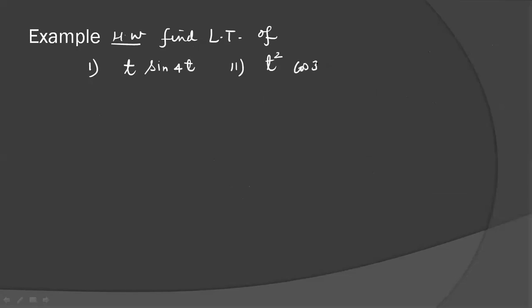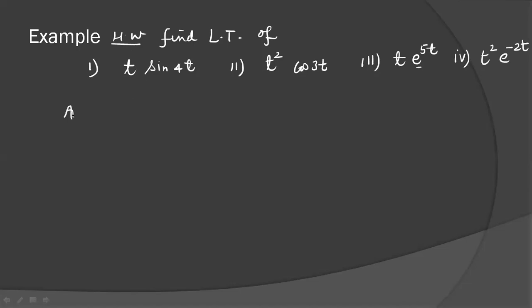You have to differentiate F(s) 2 times. And third, I am giving you t to the power 5t, e to the power 5t. You can solve by any of the methods. You can find it by shifting property also, because you have an exponential function. Fourth, I am giving you t square e to the power minus 2t. So these two can be solved by shifting property also, but for these two problems, first and second, you have to use the multiplication by t to the power n property.